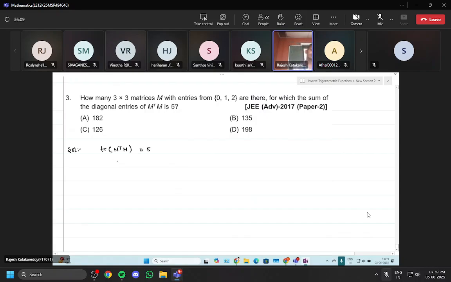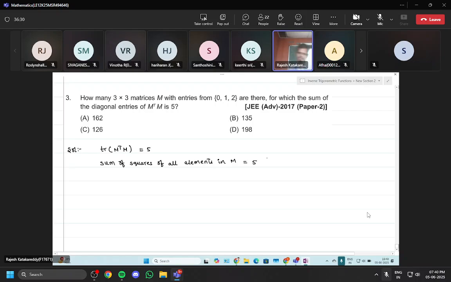The trace of M transpose M will be equal to the sum of squares of all elements in M, which is equal to 5.